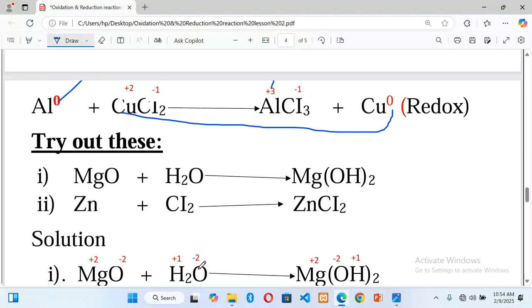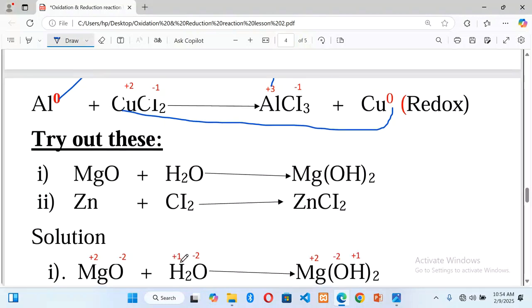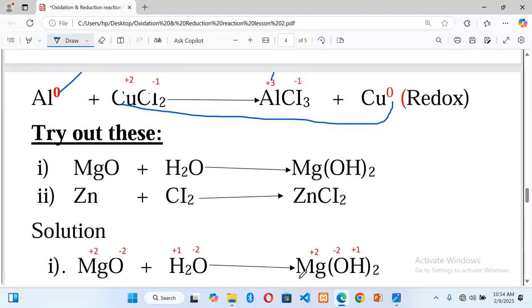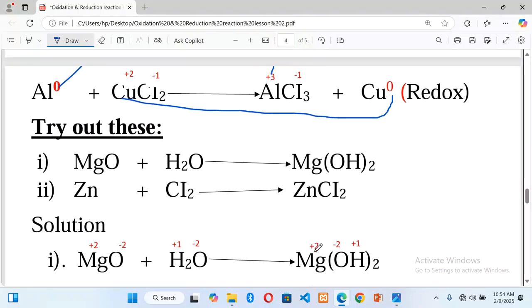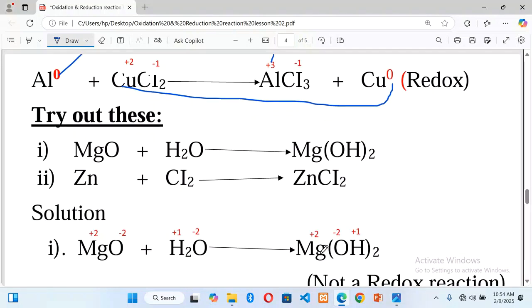By now, I believe everyone knows where the positive 1 and negative 1 are coming from, because we looked at oxidation numbers. Now, in this compound, we have magnesium with oxidation number of positive 2, oxygen with negative 2 and hydrogen with positive 1.